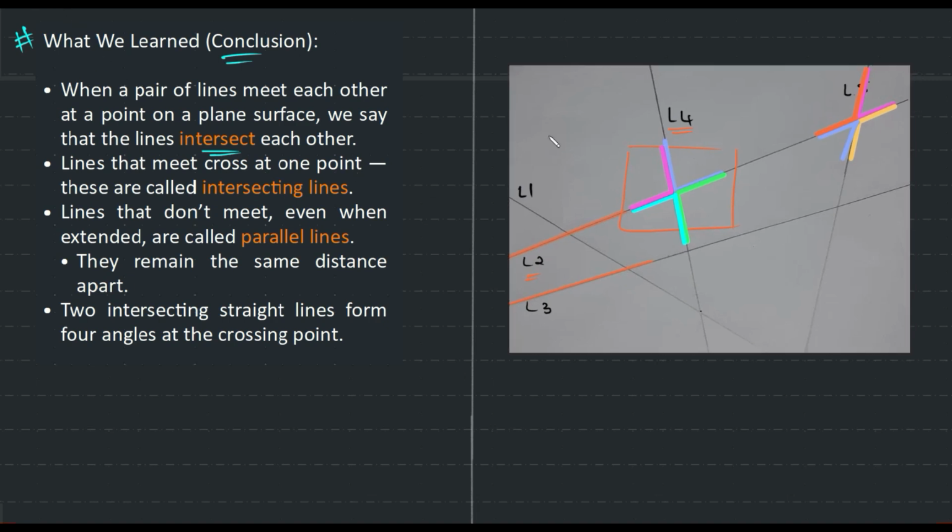So whenever they meet, so in this case, L4 and L2, they meet. So that is that we can tell that L2 and L4 intersect each other. So in this case, for example, you can use this for all the discussions over here, L2 and L4. Only one diagram is enough is what I mean. Intersect each other.